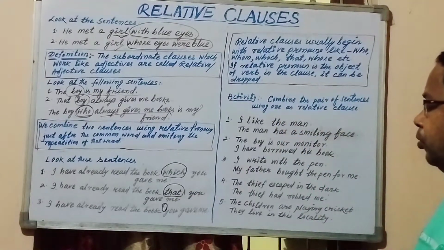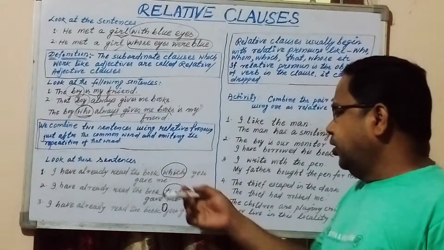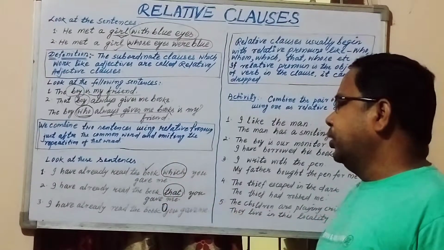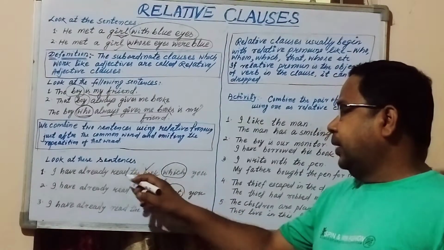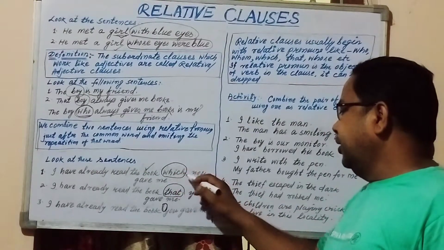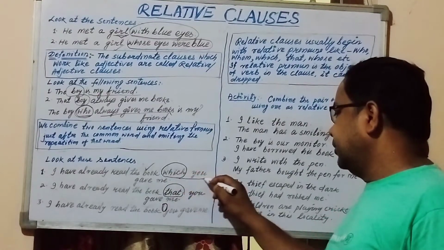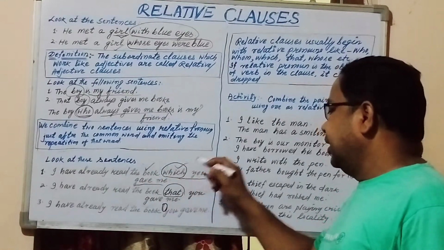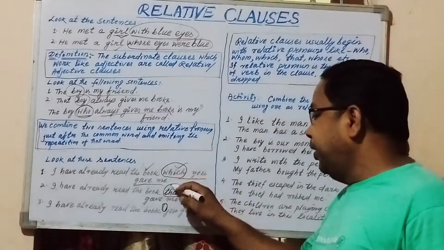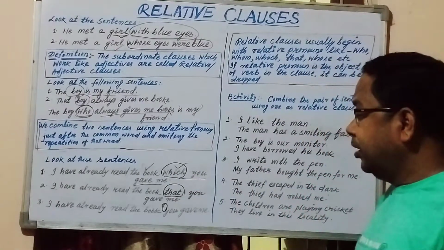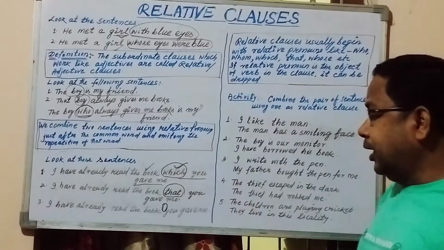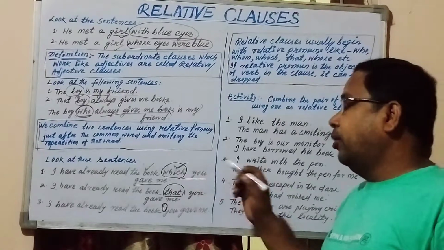So what do we learn from this? Look at the sentence: I have already read the book. Here the book is the object of the verb read. But in the relative clause, which you gave me, the word which is used for book. You gave me what? You gave me the book. So the relative pronoun is used here as object.